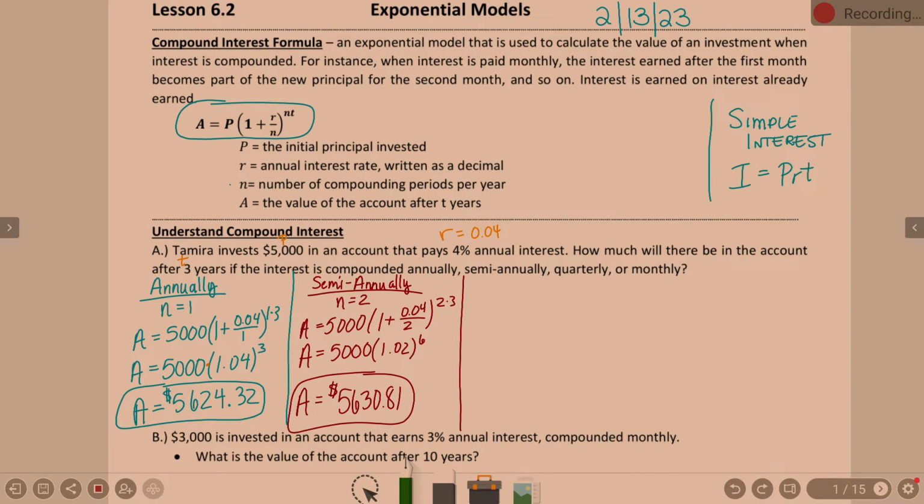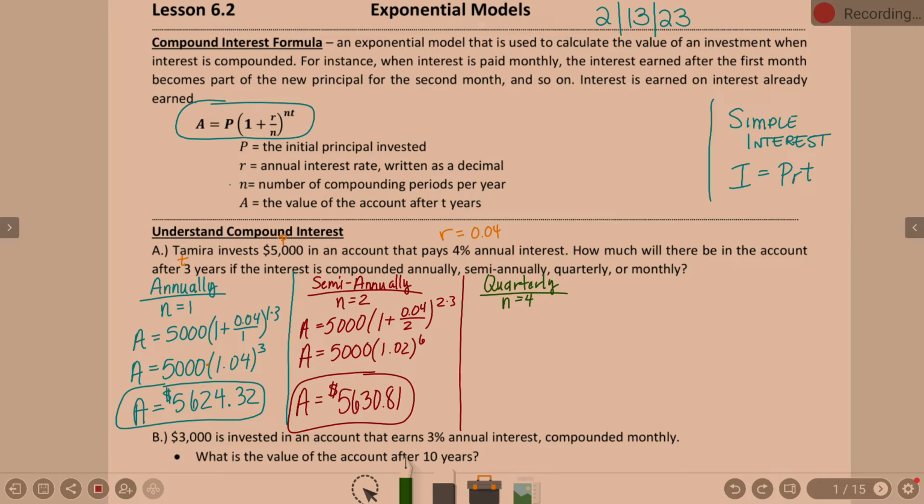Okay. Moving along here. The next option was quarterly. How often is quarterly, if something is done quarterly? 4 times a year, yes? 4 quarters in a dollar, quarterly, 4 times a year. So now n is 4.